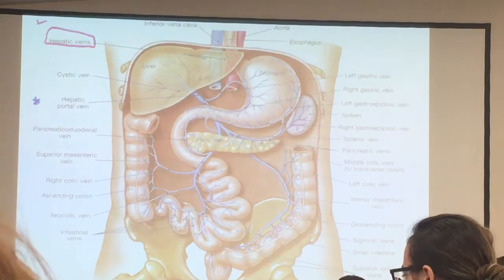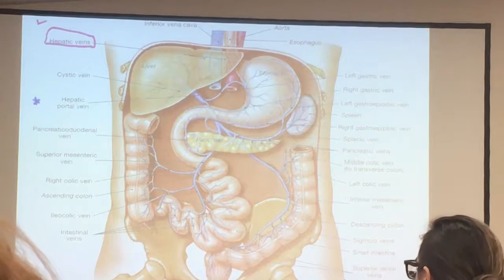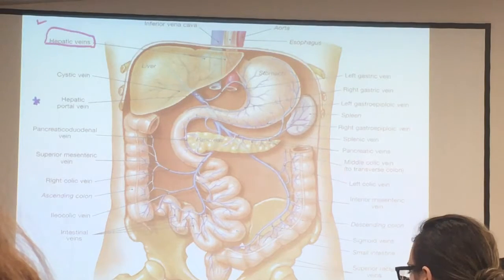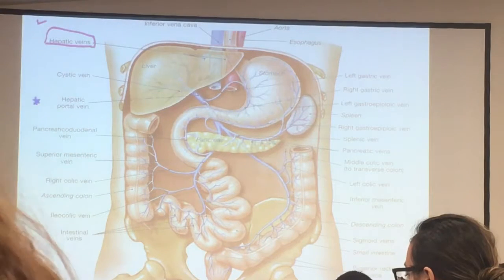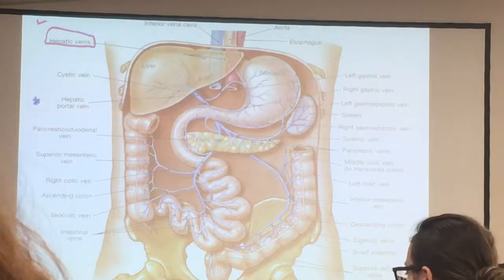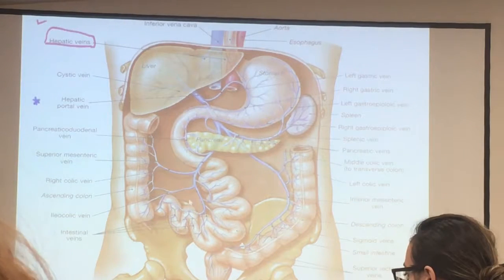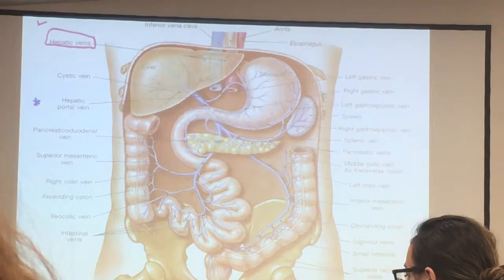I like this one because it shows very clearly the small intestine, the major part for our digesting. We collect a lot of sugar and amino acids. Everything comes to this superior mesenteric vein and goes to the hepatic portal vein.